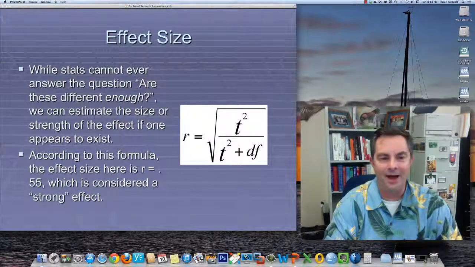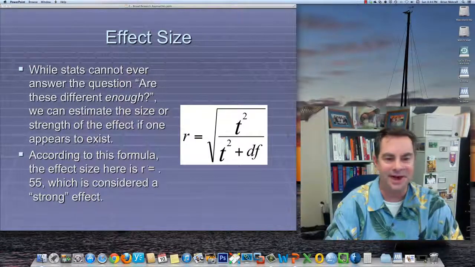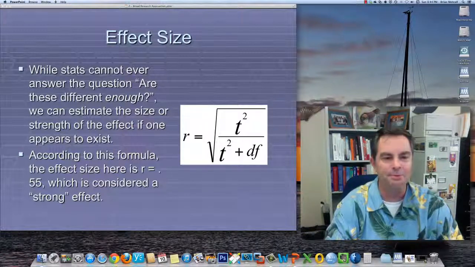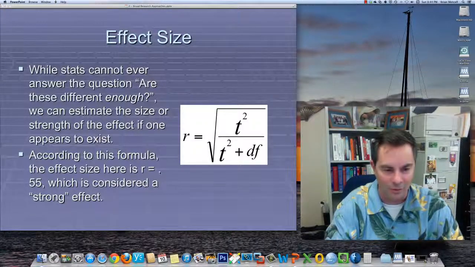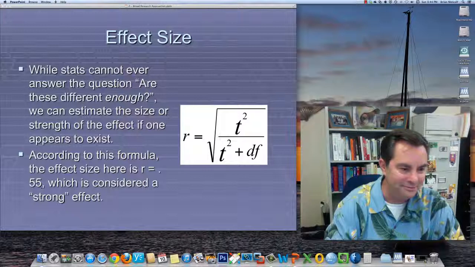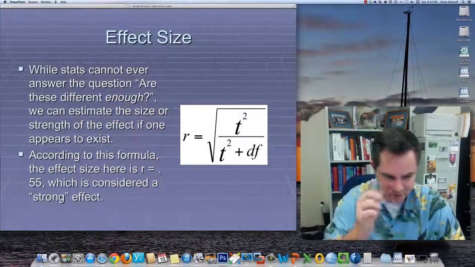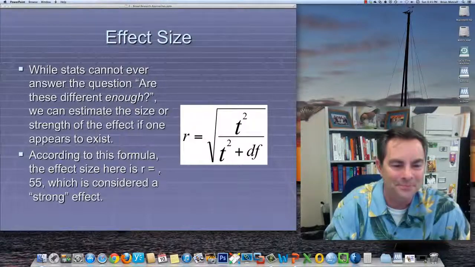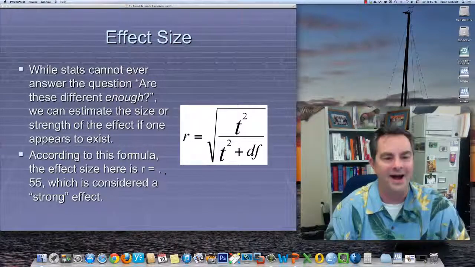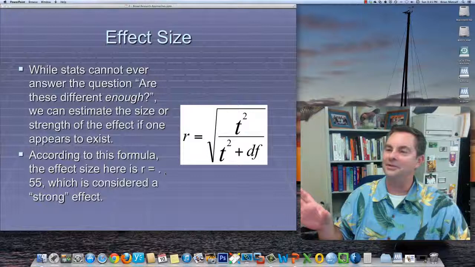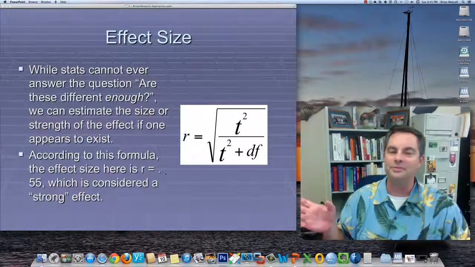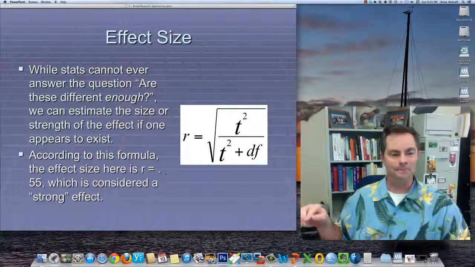So trust me on this, I plugged in the numbers, and r for this example is equal to, sorry, that got split up here, awkward. R equals 0.55, not 55. That's a 0.55. Note to self, change this. So r equals 0.55, all right? And we consult another little table that tells me in words what does a 0.55 mean.